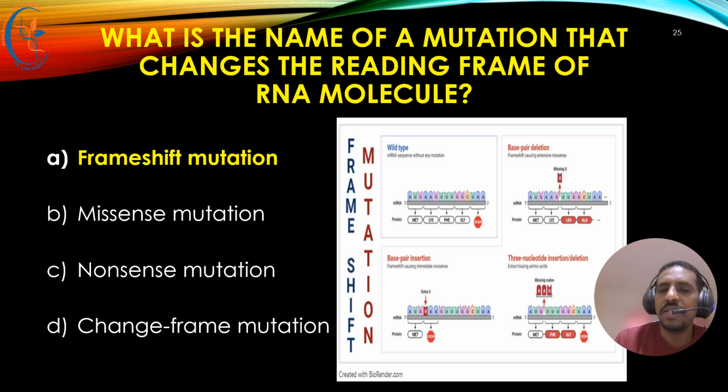This type of mutation is caused by insertion or deletion of a number of nucleotides in the DNA sequence, which alters the messenger RNA reading frame during the translation process. So the answer is frame shift mutation.